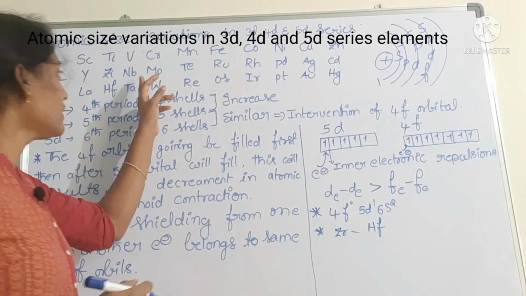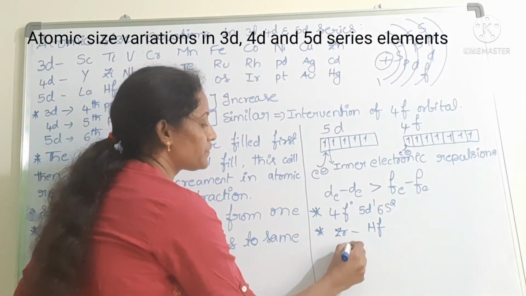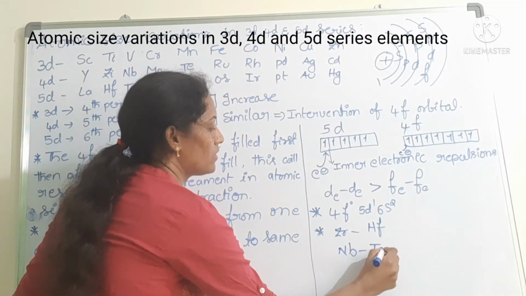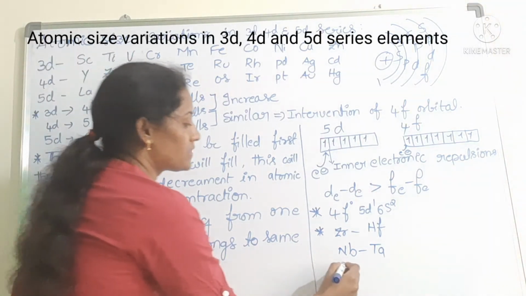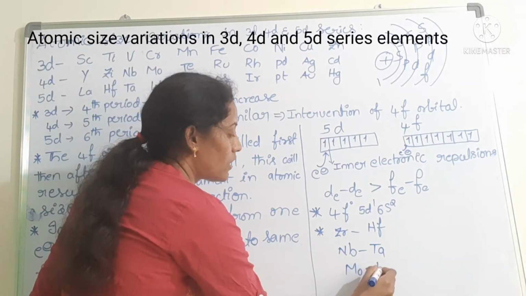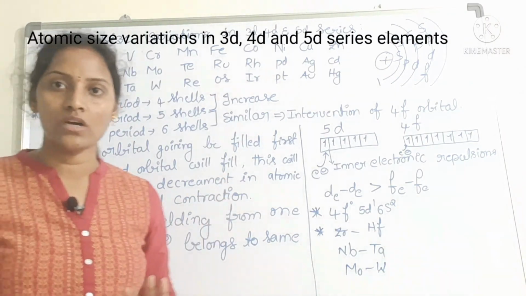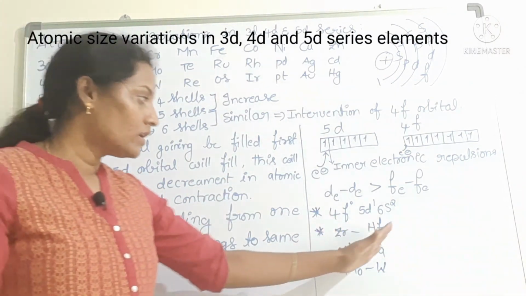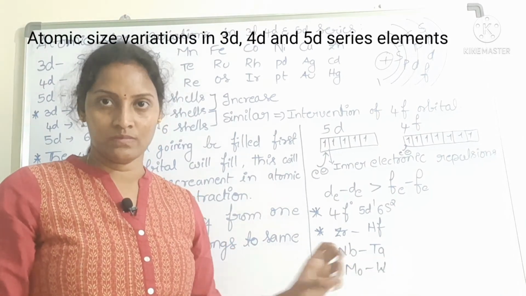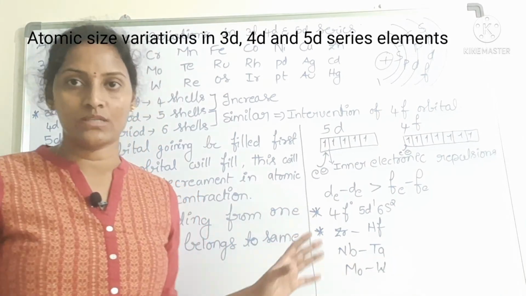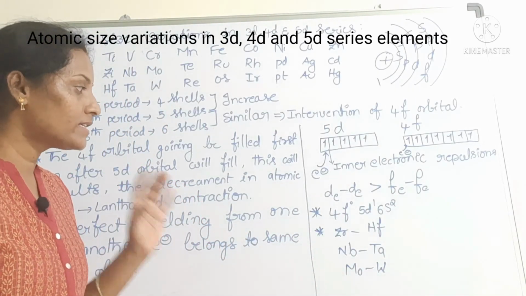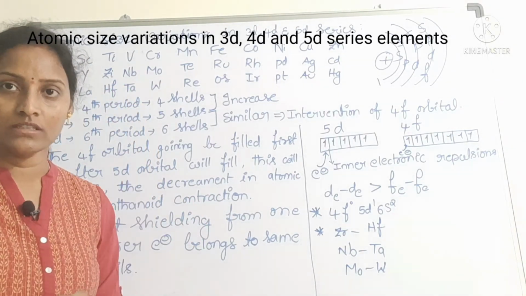In the same way, niobium and tantalum, molybdenum and tungsten, these sets of elements always possess similar size. The remaining elements also possess similar size, but with a few more variations. So this is about lanthanide contraction.